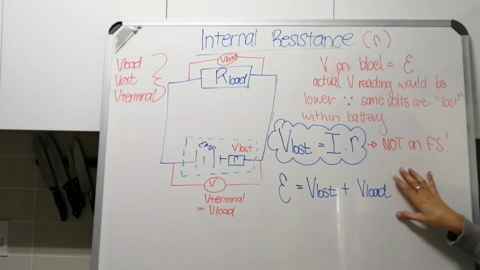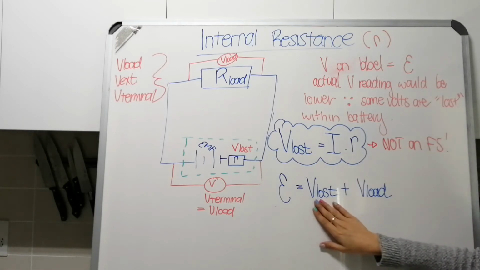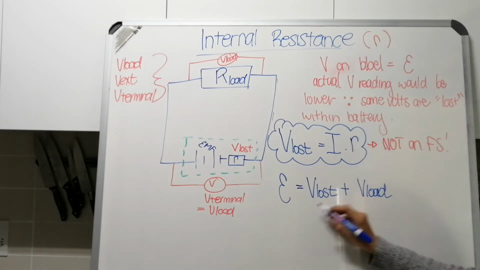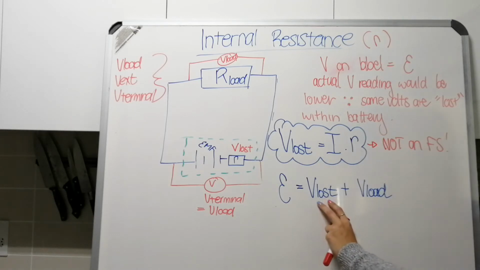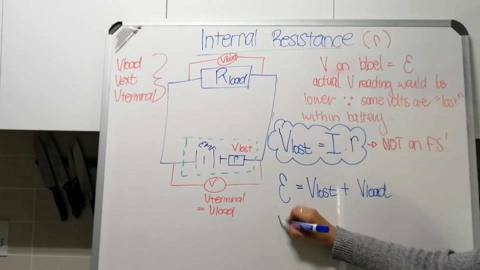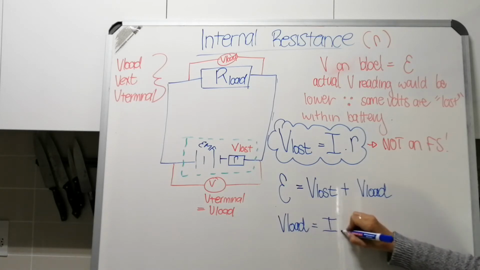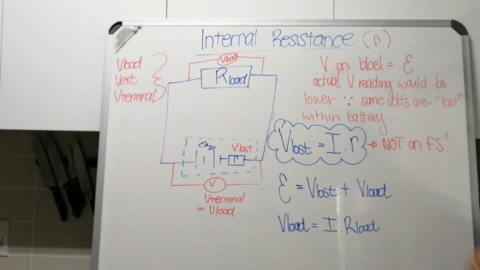Now from here, we can expand depending on whether we know enough information here or enough information there. I'm going to show you how each of them can be expanded slightly differently to how it's done on your page. So V lost, we've already seen, can be expanded like this, so this can become Ir. V load can be expanded to be the current times the load resistance, i.e. the external resistance.